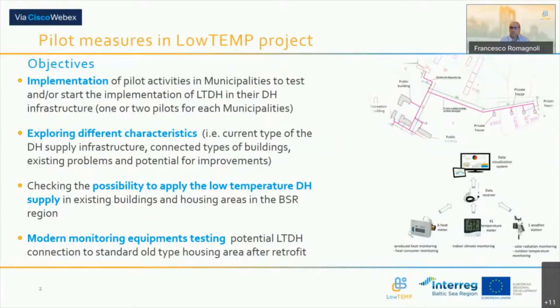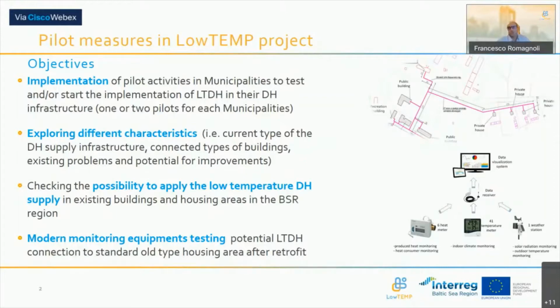The scope of the pilots was basically to explore different types of background conditions and potential applications of different technological solutions, based on the main needs identified for each municipality in terms of type of existing district heating supply infrastructure, type of connected buildings, and potential improvement solutions.